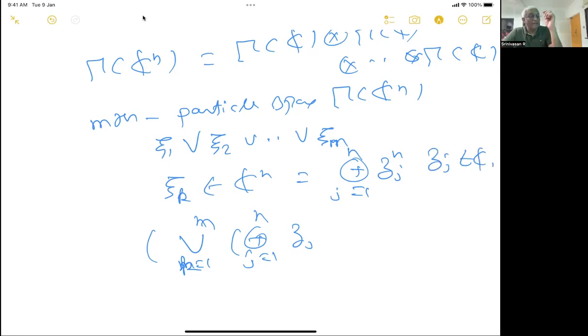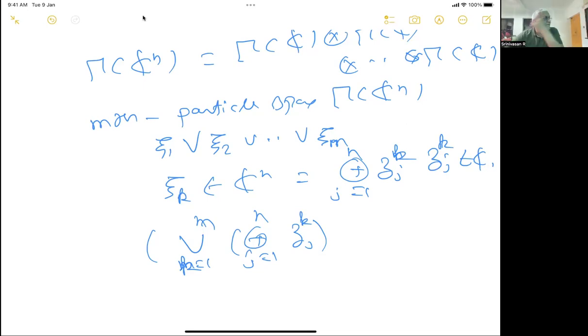Now this is going to be this, so j equal to 1 to maybe m here, Zjk here. Now this will look like this. If you take the wedge, this will be a sum of some Zjk. But what is this Zjk?